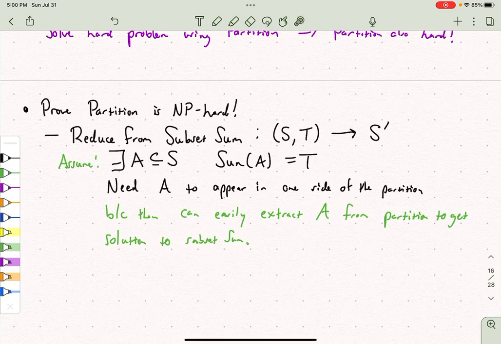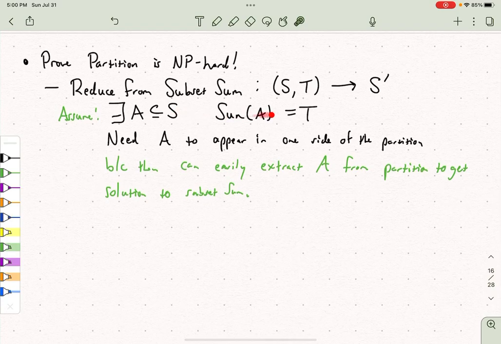So this is usually how you want to think about reductions. If there's a solution to the problem, how can we find the solution given a solution to the other problem? So it's essentially you're thinking about one direction of the proof and then slightly tweaking it if necessary to make the other direction also work.